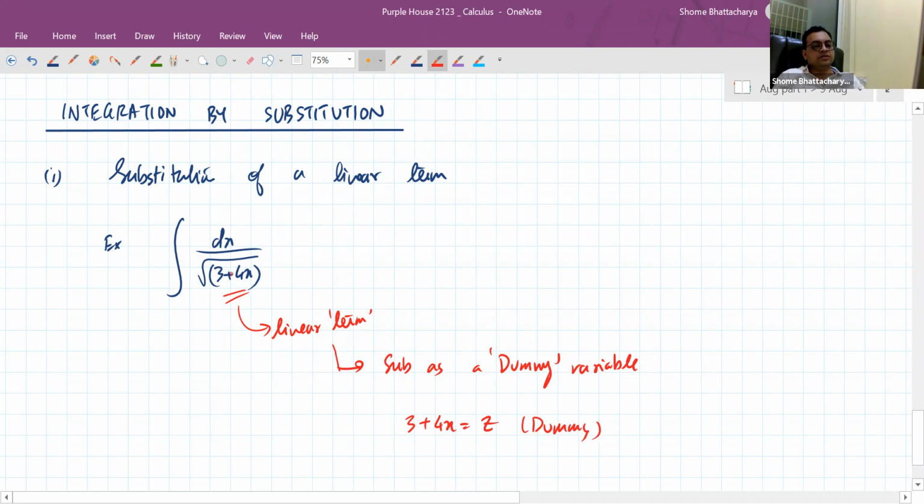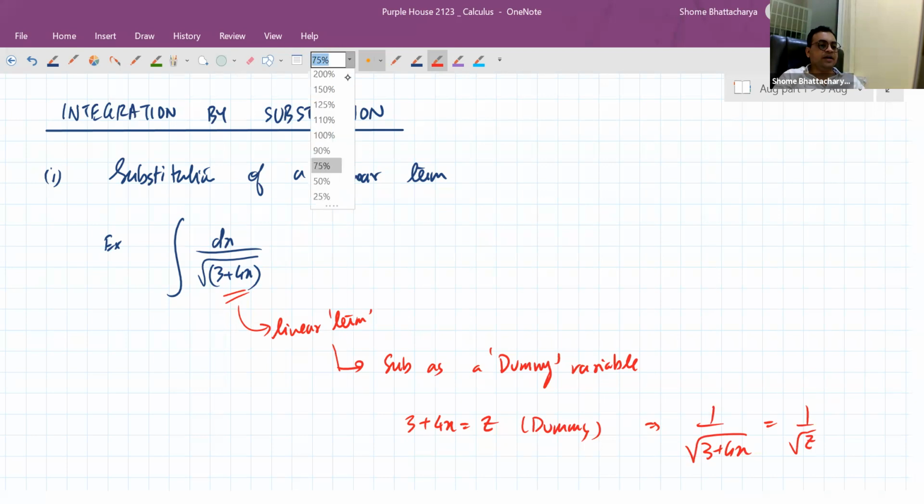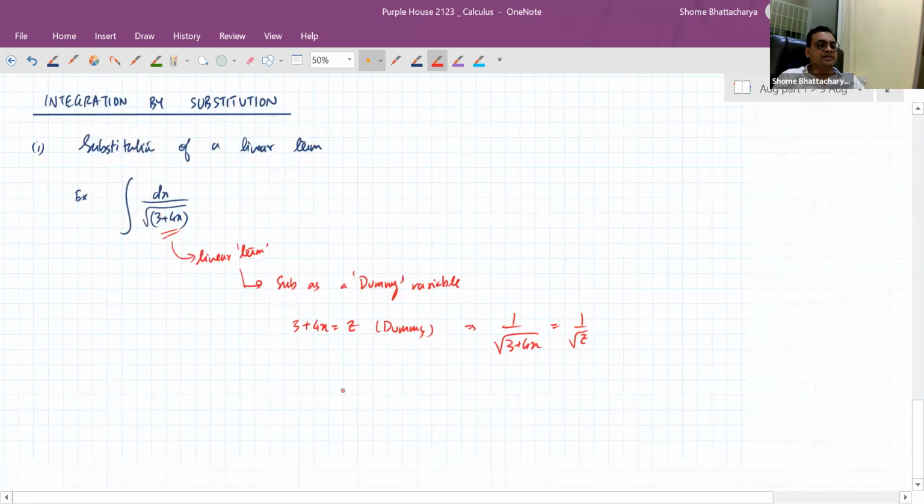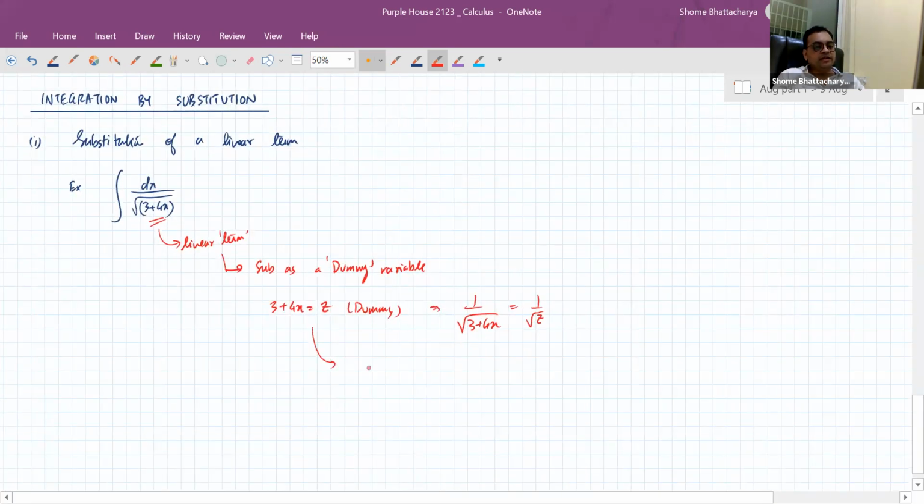But now it is not enough just to substitute that, because 1 upon square root of 3 plus 4x is a very simple term. It is 1 by root z. But I cannot integrate 1 by root z with respect to x. So in the numerator, that dx also has to be shifted. So for that, I now apply differentiation. So dz by dx is nothing but differentiation of what z is, which is 3 plus 4x. Now that is nothing but 4. So by cross multiplication, I can see that dx is nothing but dz by 4.